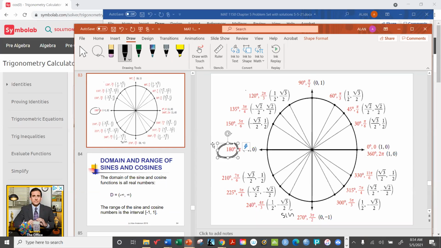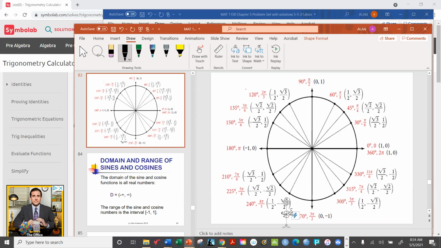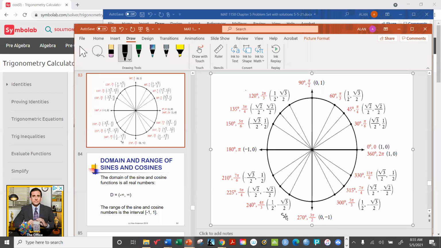So let's see if we have successfully done this. So we're trying to compare pi over 3 with 2 pi over 3. Okay. Oh, I think we got a winner here, because you can see that these are the same.